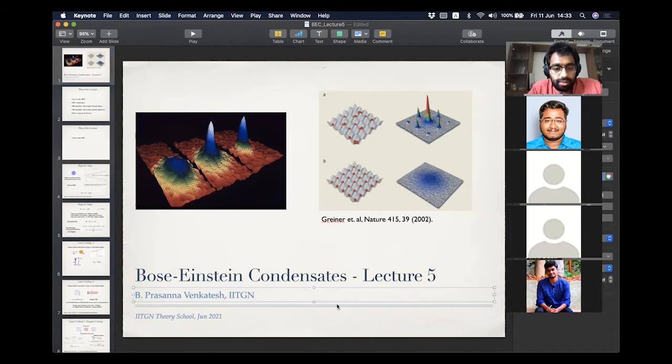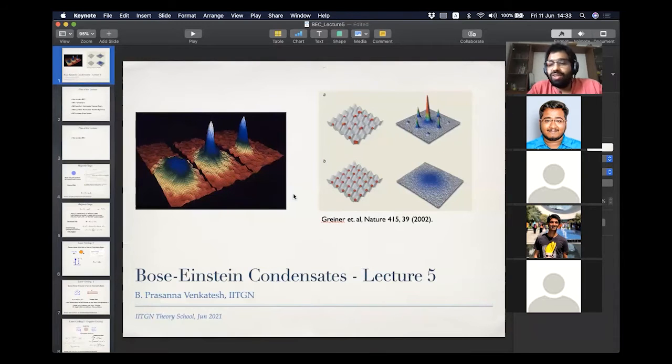Why can't I see my annotations? Wait. Can you all see my pointer? Can someone confirm that you can see my pointer? Yes, sir. Okay, fantastic. All right, so here we go.